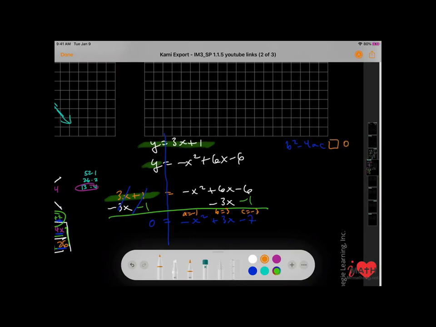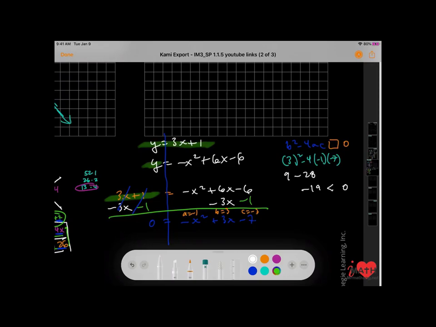So b is 3, a is -1, and c is -7. So I get 9, -4 times -1 is positive 4, 4 times 7 is 28, so 9 minus 28. You get some kind of negative number, -19. What do we know about that? That is less than 0.